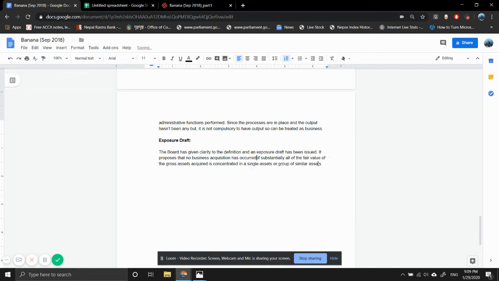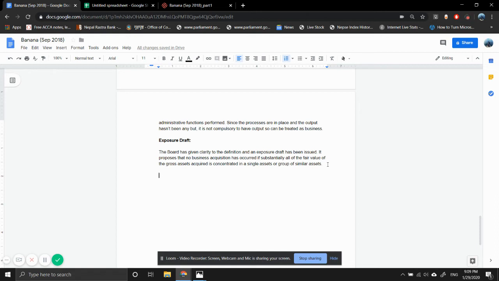Okay, so if the fair value of the gross assets is concentrated within a single asset or group of similar assets, then it is not a business combination. Okay, a business acquisition. So this is our exposure draft.